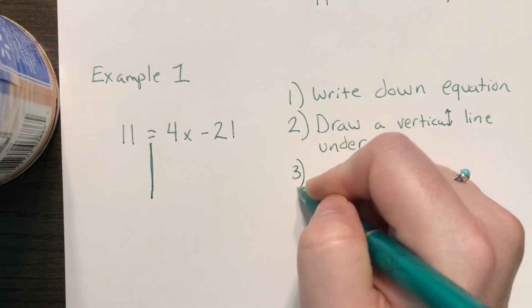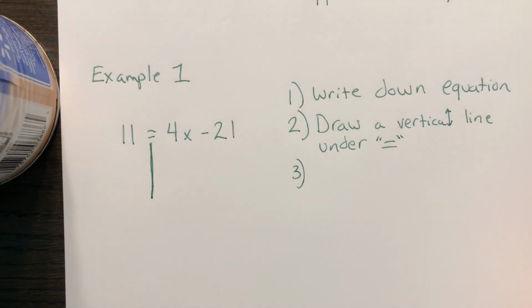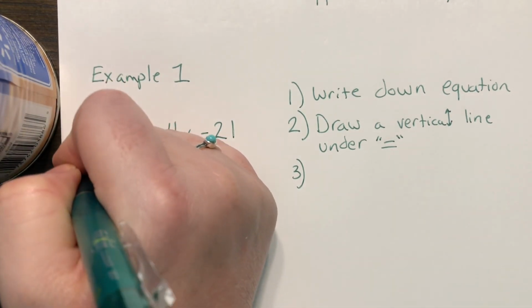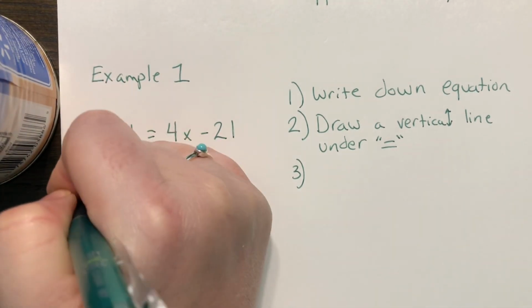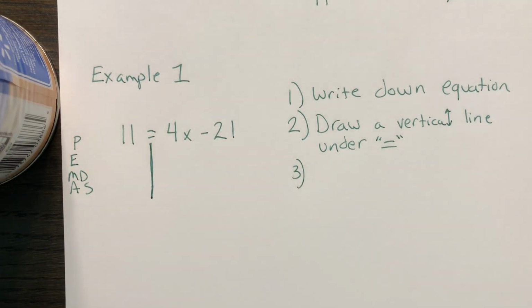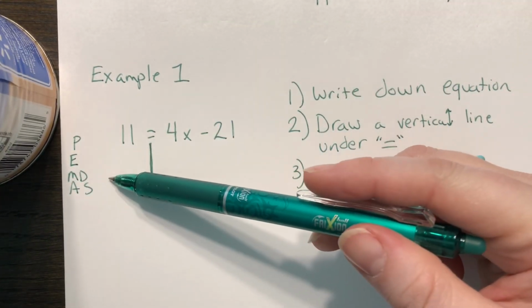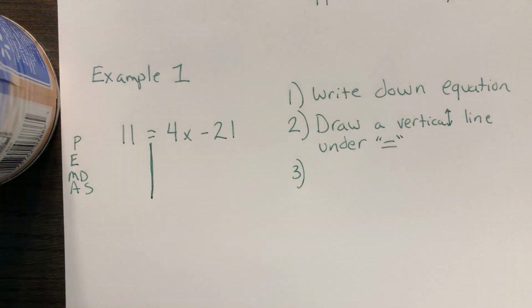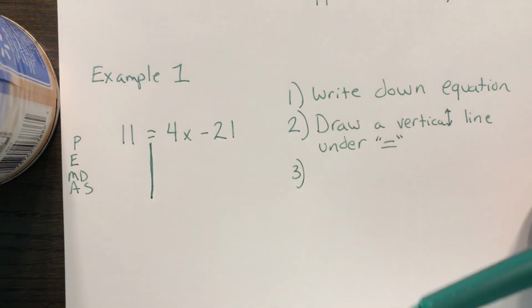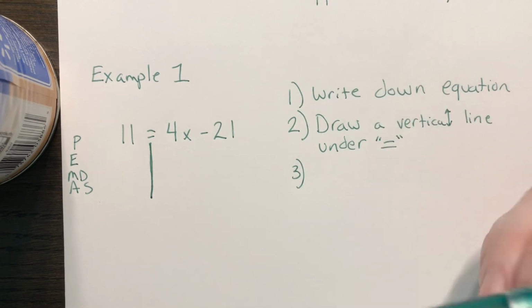Our third step is working this problem backwards. When you were in 5th and 6th grade, you learned something called PEMDAS, or order of operations. P for parentheses, E for exponents, M and D for multiply and divide, and then A and S for add and subtract. That is the order of how to solve it when you are given all the information.